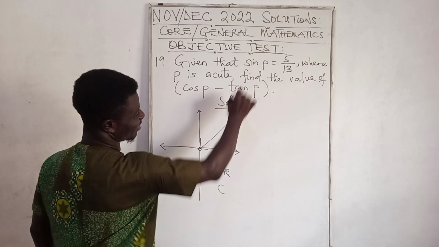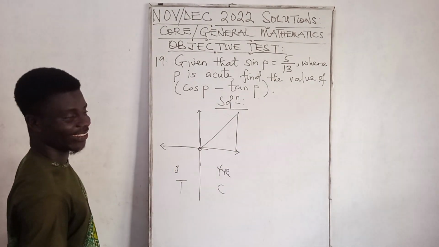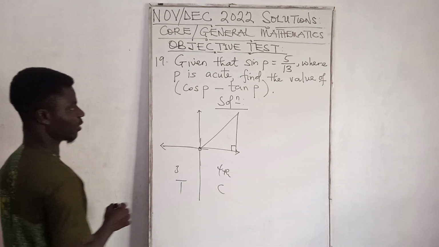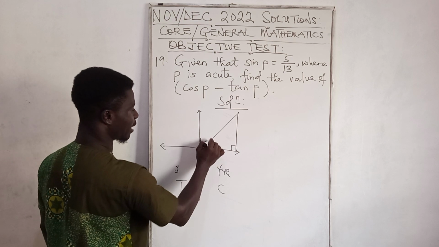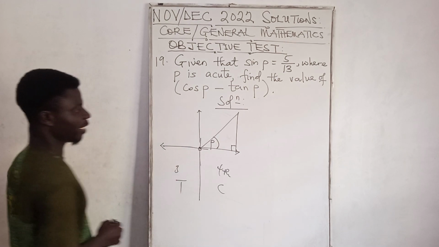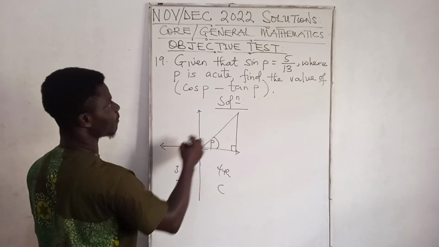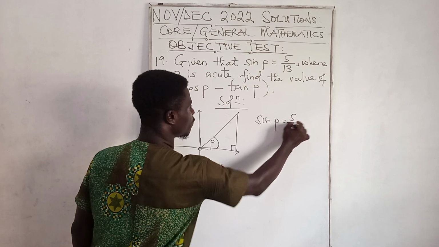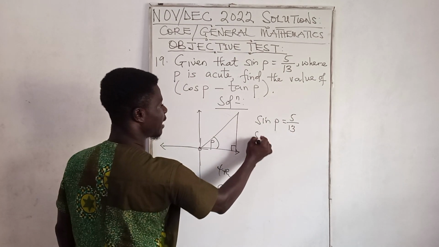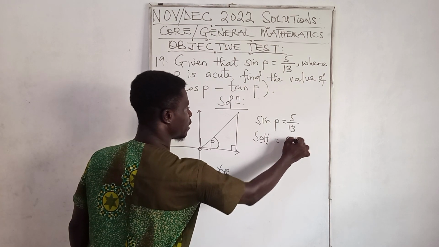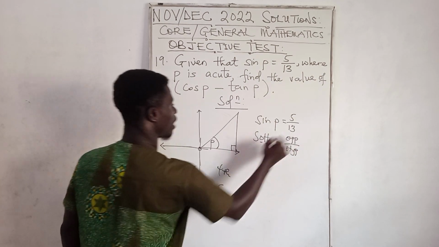I love drawing a right-angled triangle like that. So I have my right-angled triangle, and I denote here my p, which is an acute angle. Here I have sine p equal to 5 over 13. And we know that sine is opposite over hypotenuse.